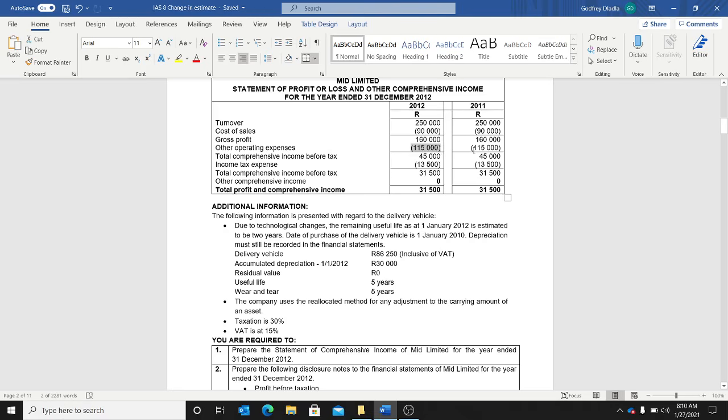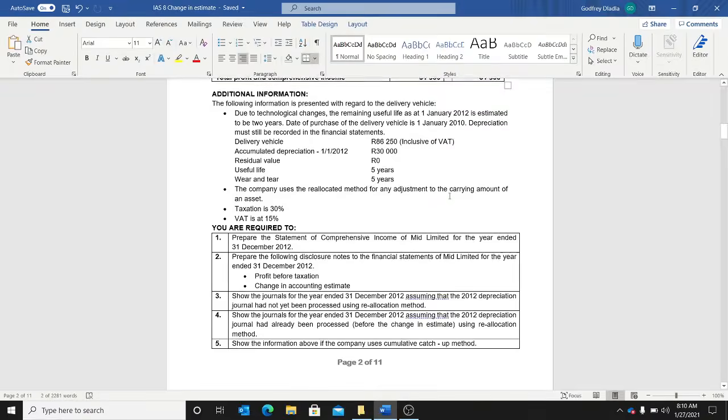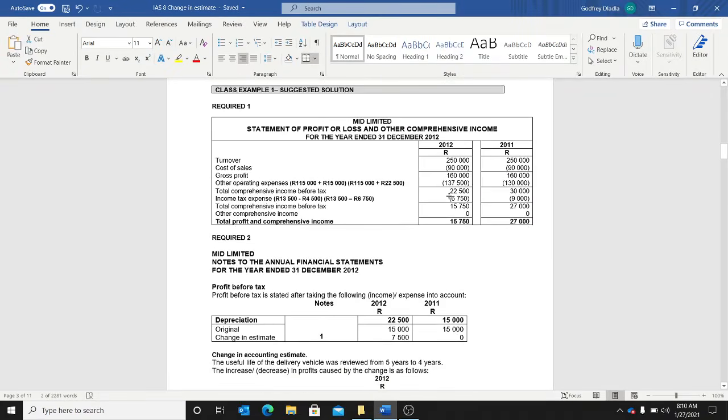Now remember, if you increase expenses, the profits will decrease. If the profit decreases, your tax should decrease by the same amount. These two tax amounts must decrease by the same amount. Now let's look at the question. You will see now that the 115 must increase by 15,000, which is this one here.